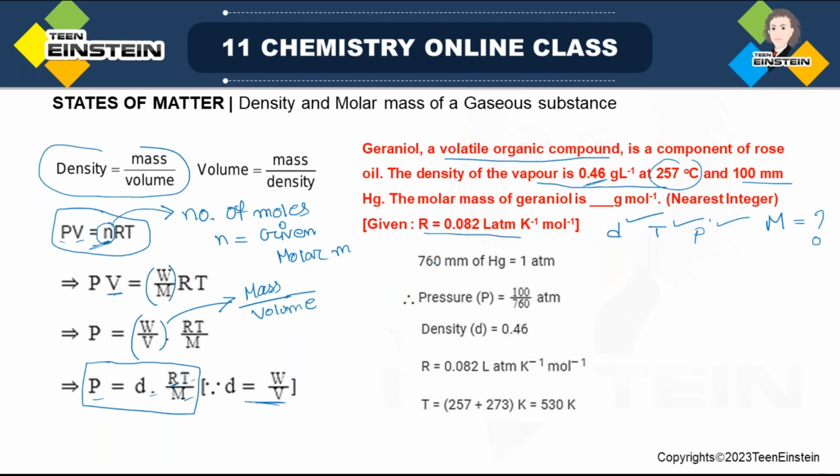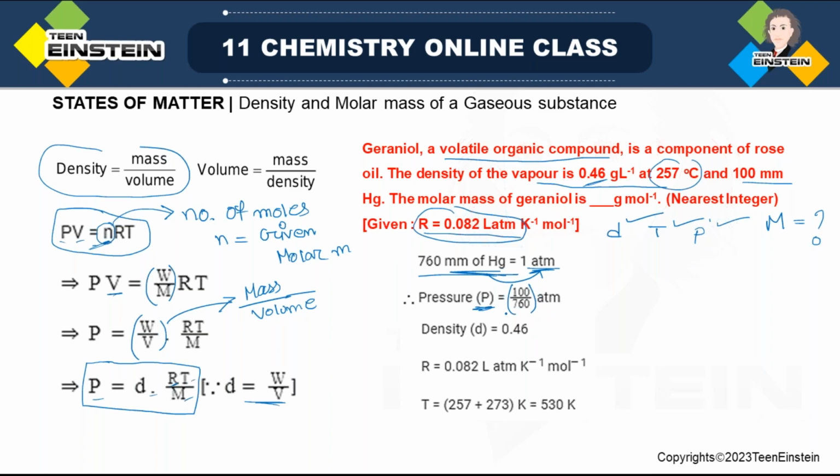But before that, we have to do some conversion because the R value is given in liter atmosphere. So first, you have to change this pressure from millimeter Hg to atm. Now 1 atm is equal to 760 millimeter of Hg. That means when it is 100 millimeter of Hg, you just have to divide it by 760 so that you get it in terms of atm.